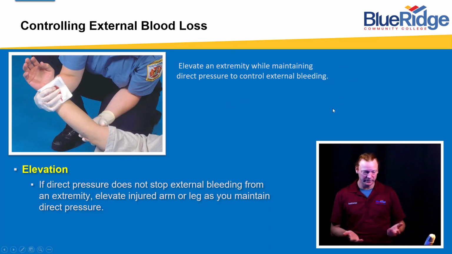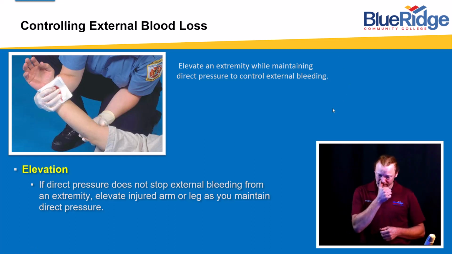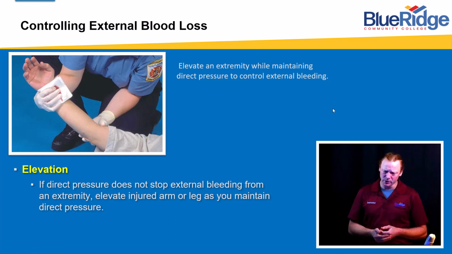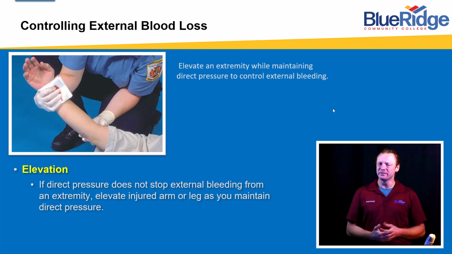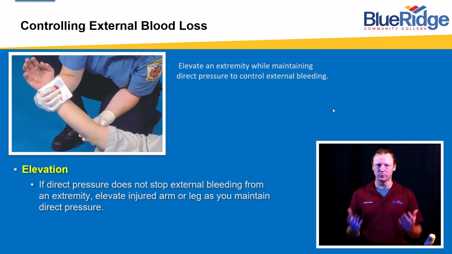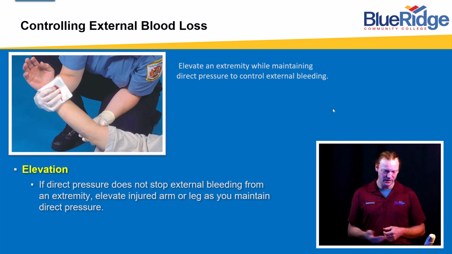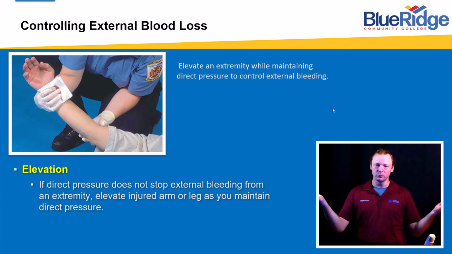So, some ways to help control external blood loss: elevate the extremity while maintaining direct pressure. While this does help, it's not really the primary thing. Covering it up and putting direct pressure is the primary goal. Elevation does help with extremities.